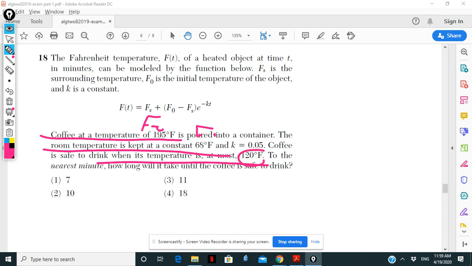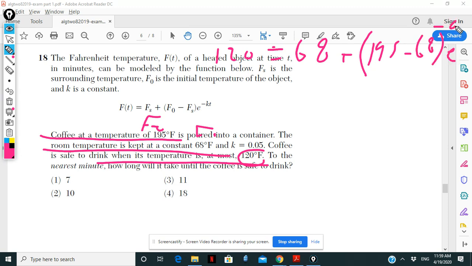So what I have is 120 equal to 68 plus, here 195 minus 68, multiplied by e to the power negative 0.05 times t.